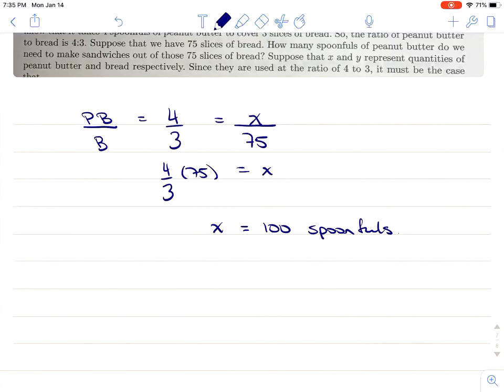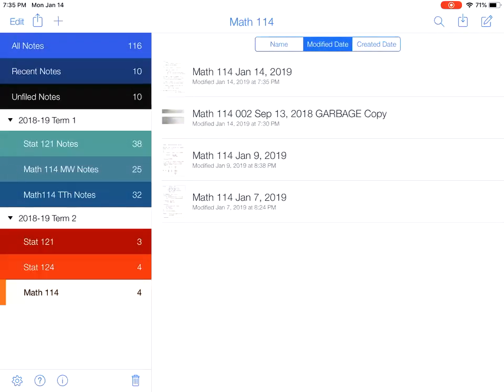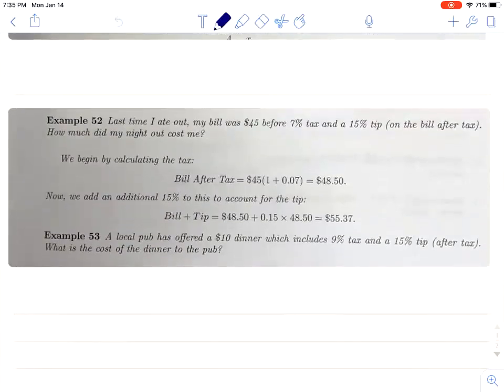A lot of us look at this problem, and however you want to work it out is fine. I won't be working too much with ratios and proportions anyways. Well, proportions, but ratios, nah.